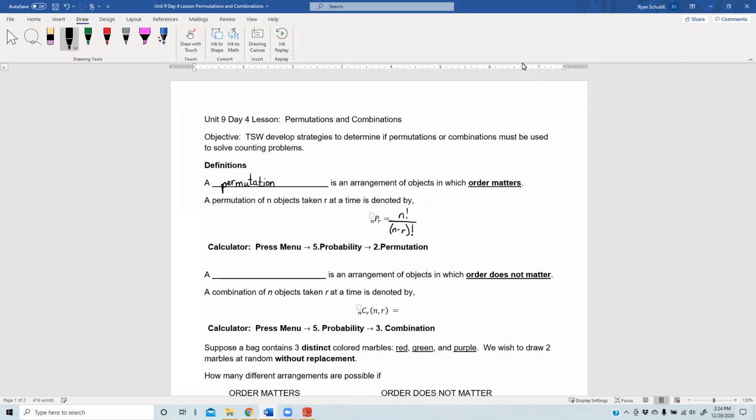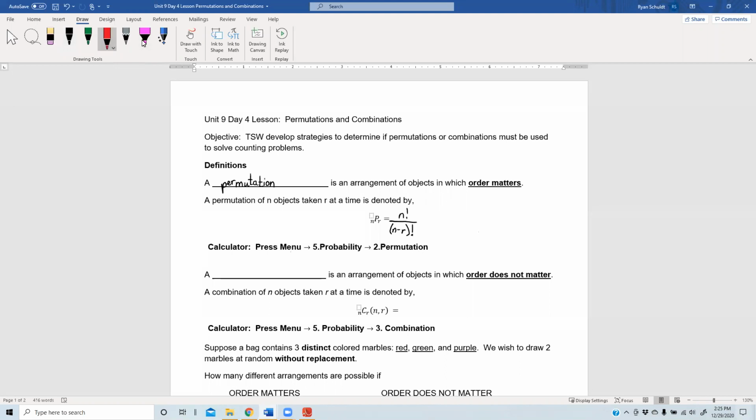On the calculator, remember, you can do this by going to Menu, Probability, Permutation. If the numbers line up still on your version of the Inspire, that's Menu 5-2. That's how you can do this on the calculator.